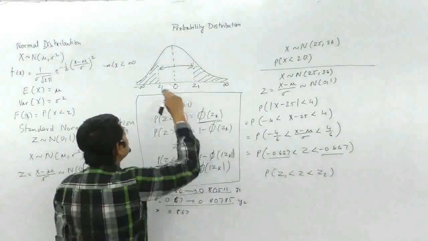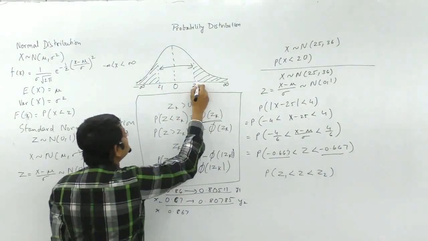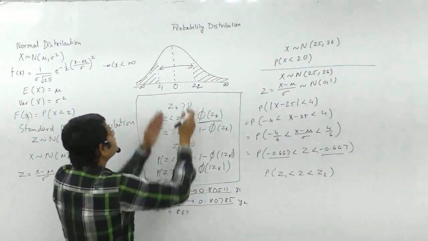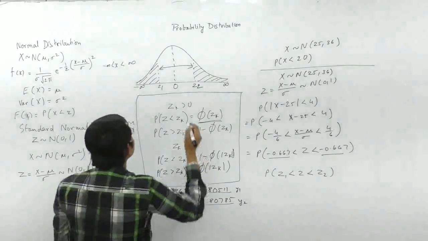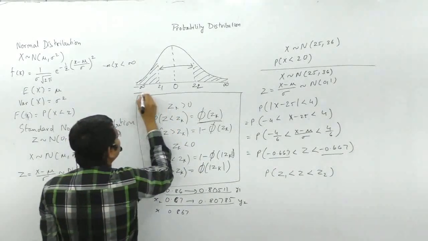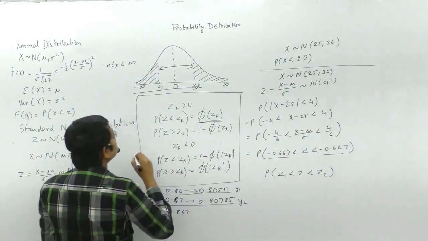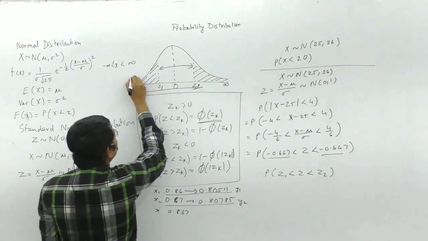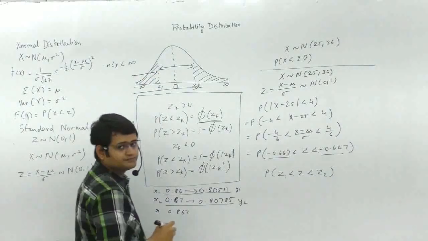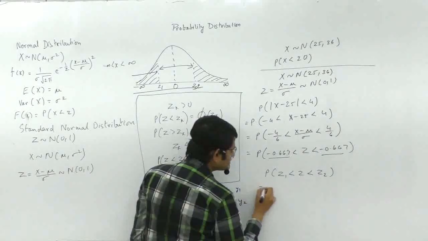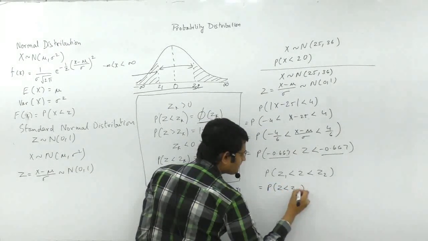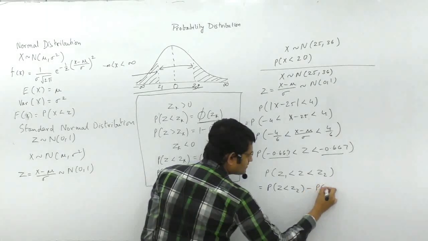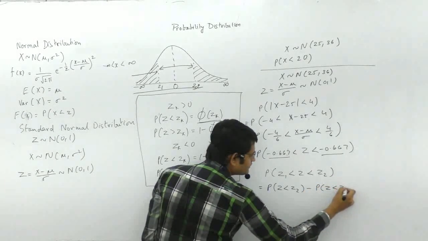So this is nothing but probability from minus infinity to z2 minus probability from minus infinity to z1. That is probability z less than z2 minus probability z less than z1.